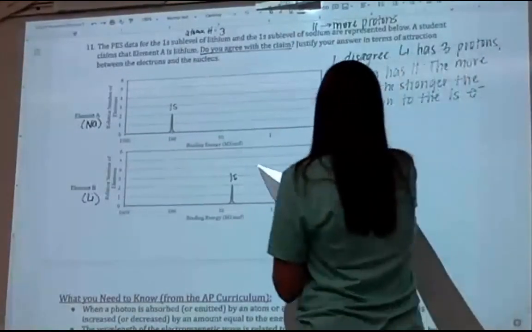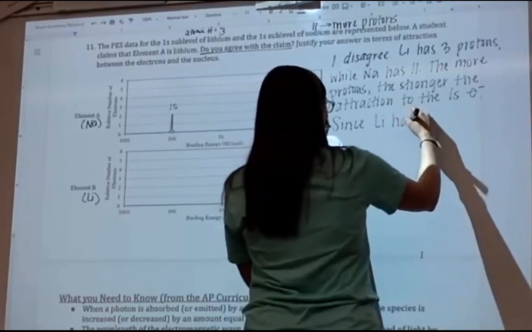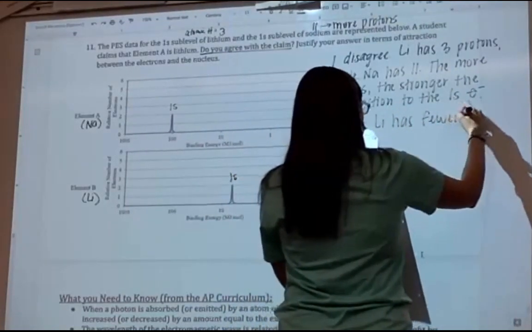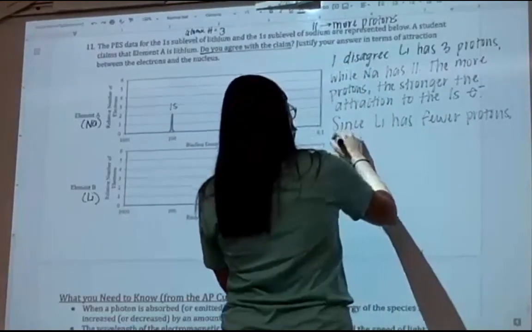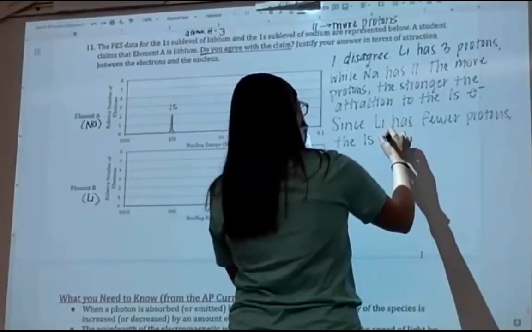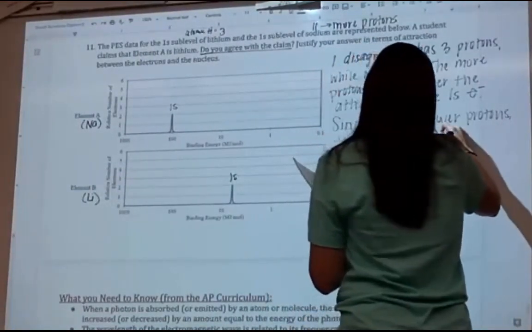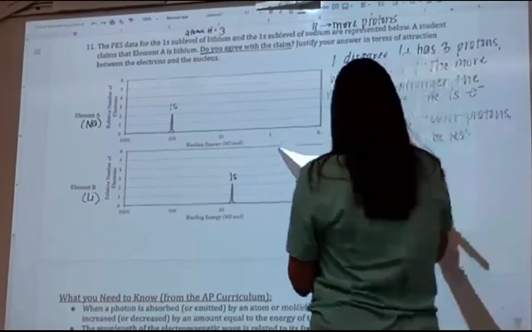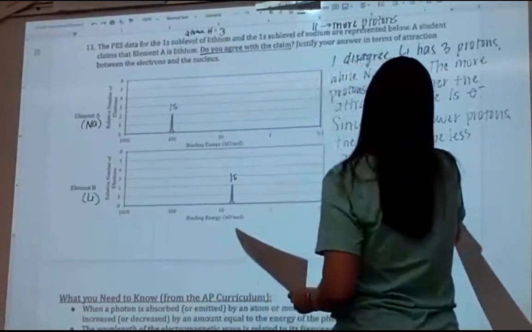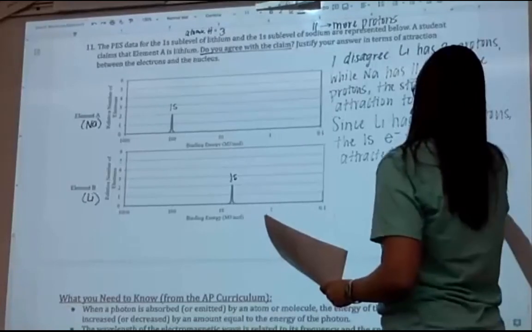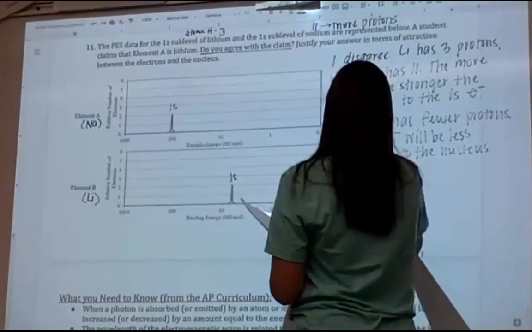Then I'm going to go on a little bit more and say since lithium has fewer protons, the 1s electrons will be less attracted to the nucleus, and have a lower binding energy.